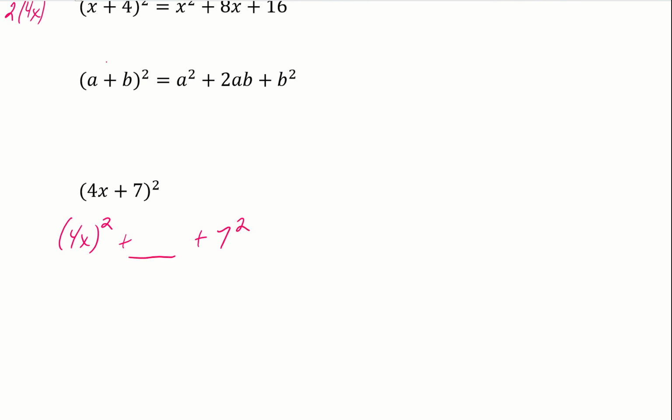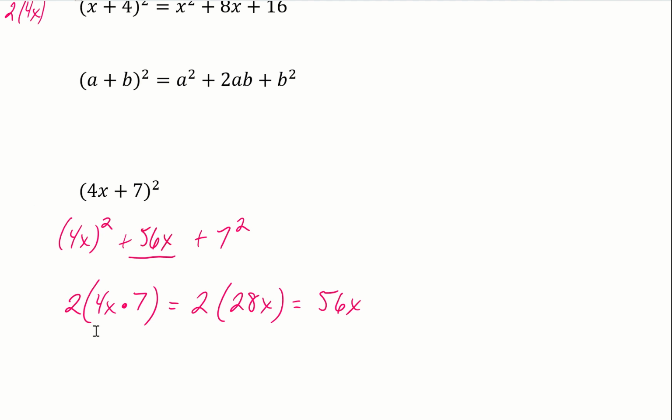And then this should be 2 times the first term, 4x, times the second term, which is 7. So 4x times 7 is 28x. So 2 times 28x is equal to 56x. So filling in this term is just 56x.